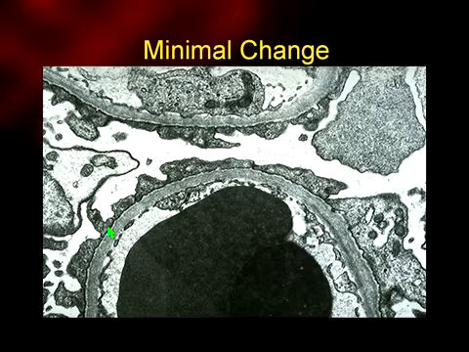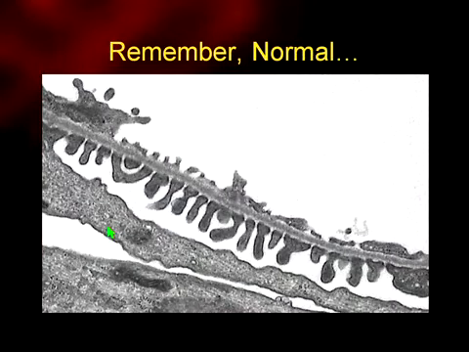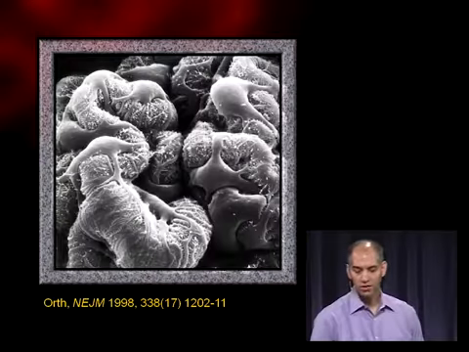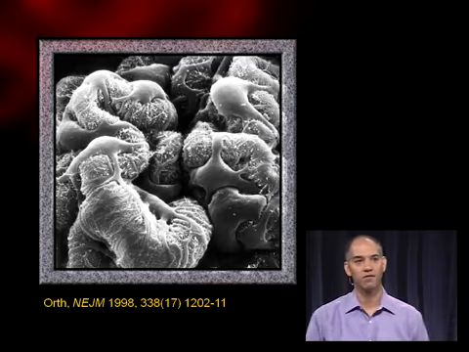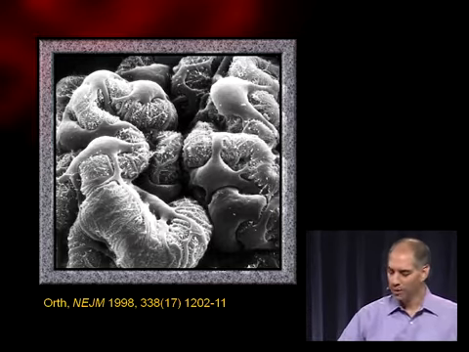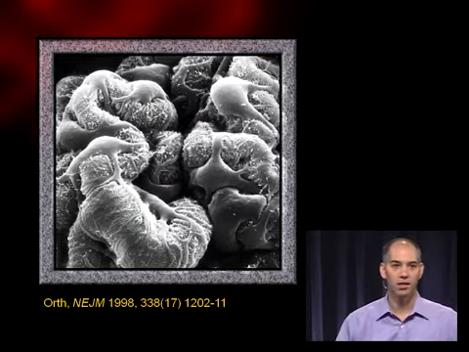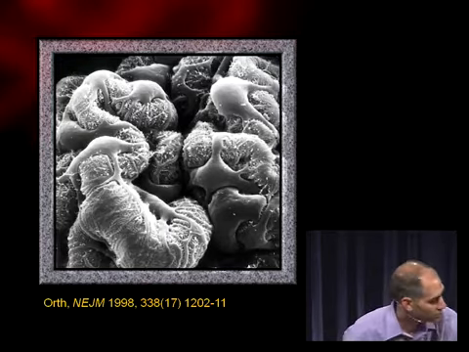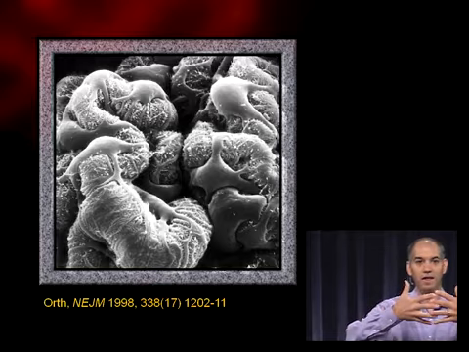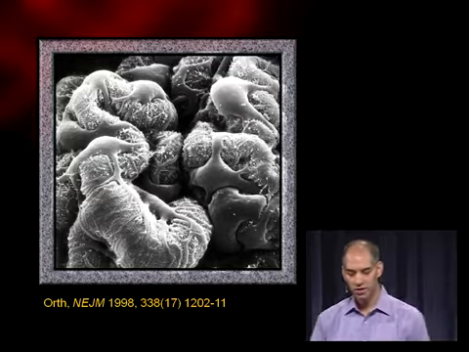Remember, normal looked like this. You had those nice interdigitated foot processes. In one of the prettiest pictures in pediatric nephrology, maybe I'm just a sucker for scanning electron microscopy, this is a normal-looking glomerular epithelial cell, and you can see, or maybe you can't for the way it's projected there, the nice little feathery interdigitations between those epithelial cells.